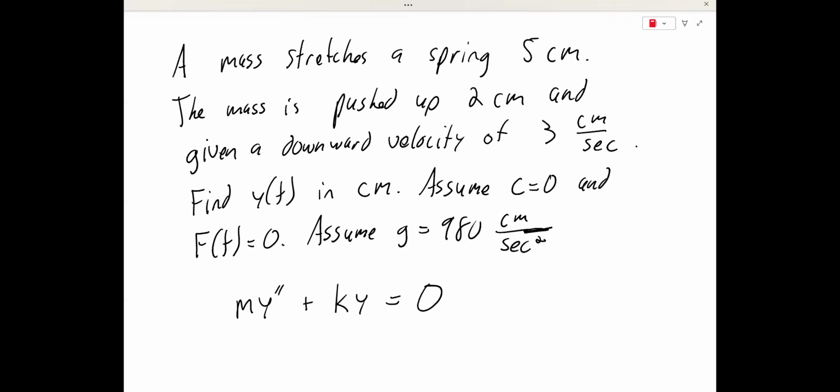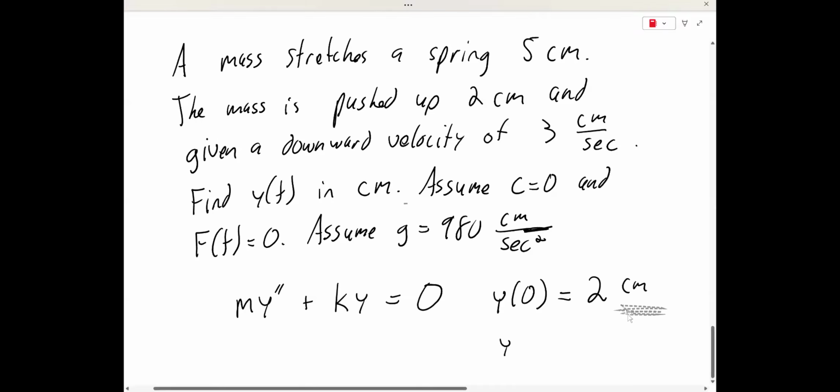Maybe I'll try to write down conditions here then. So what would be y of 0? And this time everything's in centimeters for this one. Initially it says the spring is pushed up 2 centimeters from equilibrium. So it's at rest there initially, and then you push it up 2 centimeters from equilibrium. So y of 0 is equal to 2 centimeters.